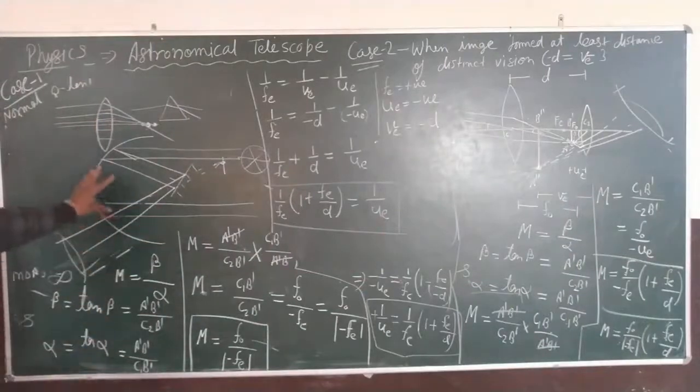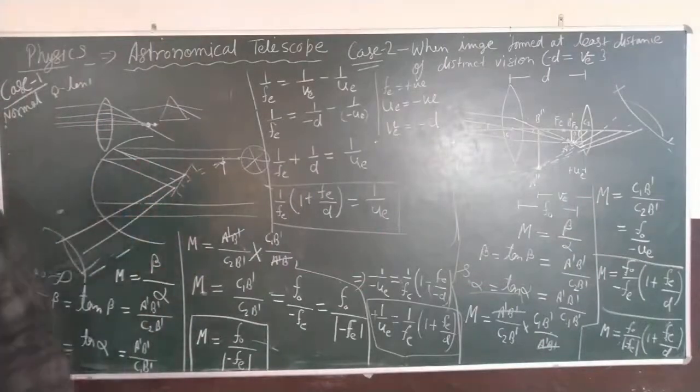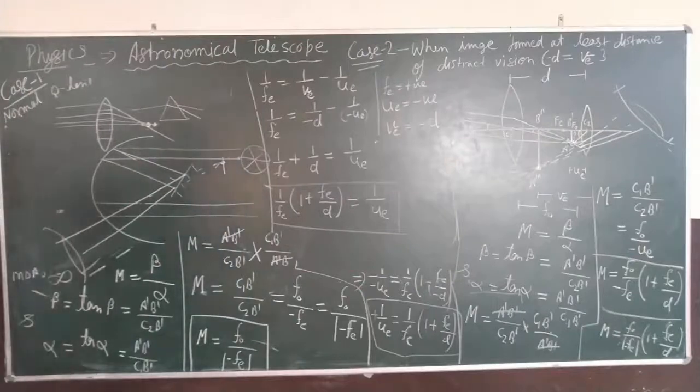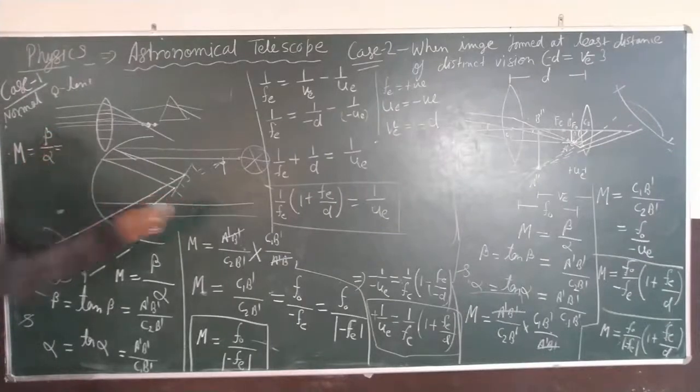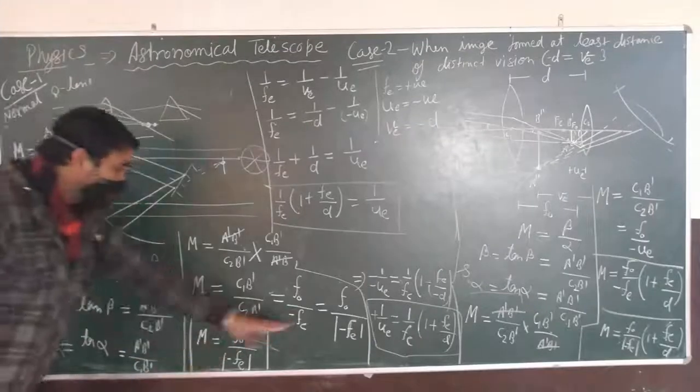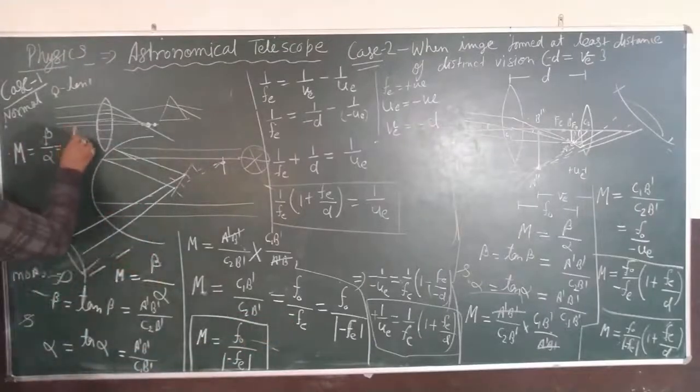So you will learn about it, and the magnification is m equal to beta upon alpha, which in the initial case we had as f0 upon minus fe.